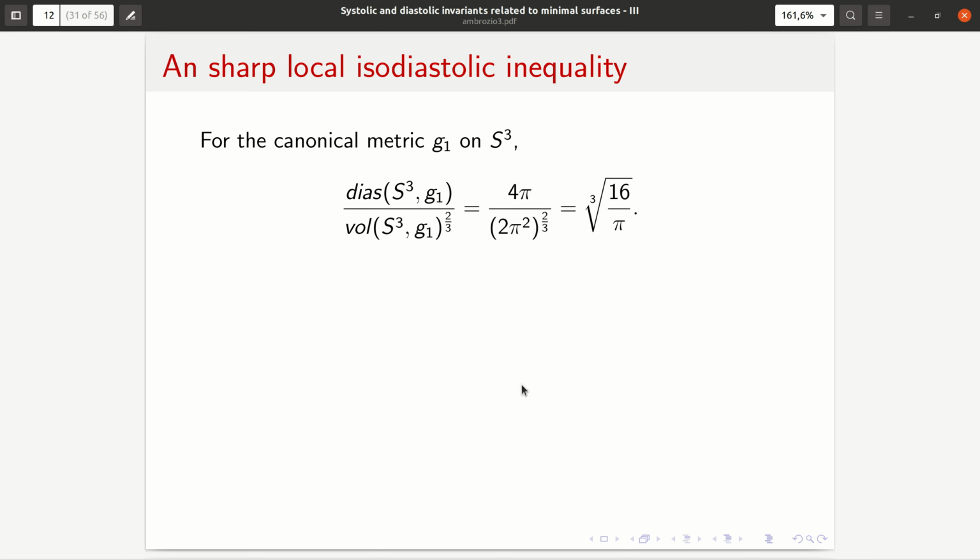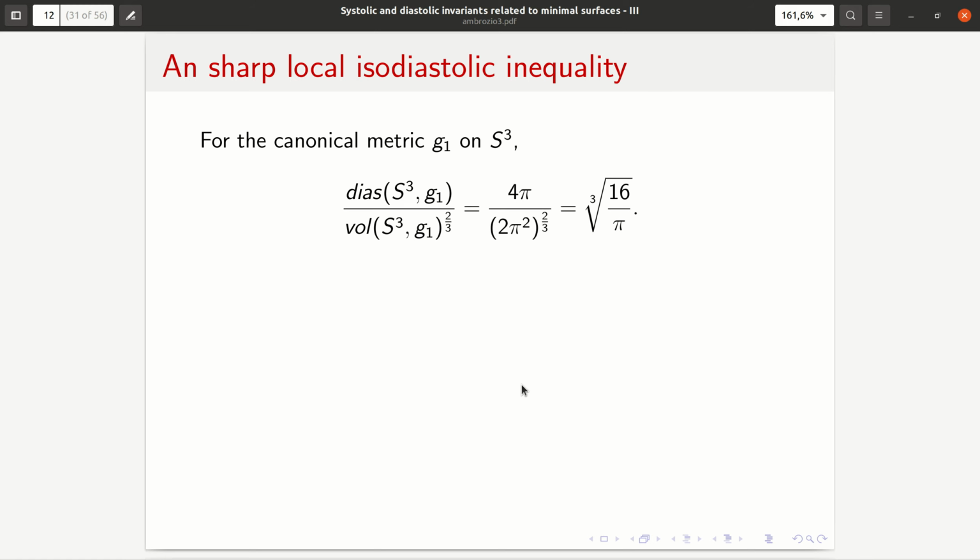Are there other interesting classes of metrics to look at and to try to prove upper bounds for the normalized diastole? Together with Rafael Montezuma, we answered this with a yes.